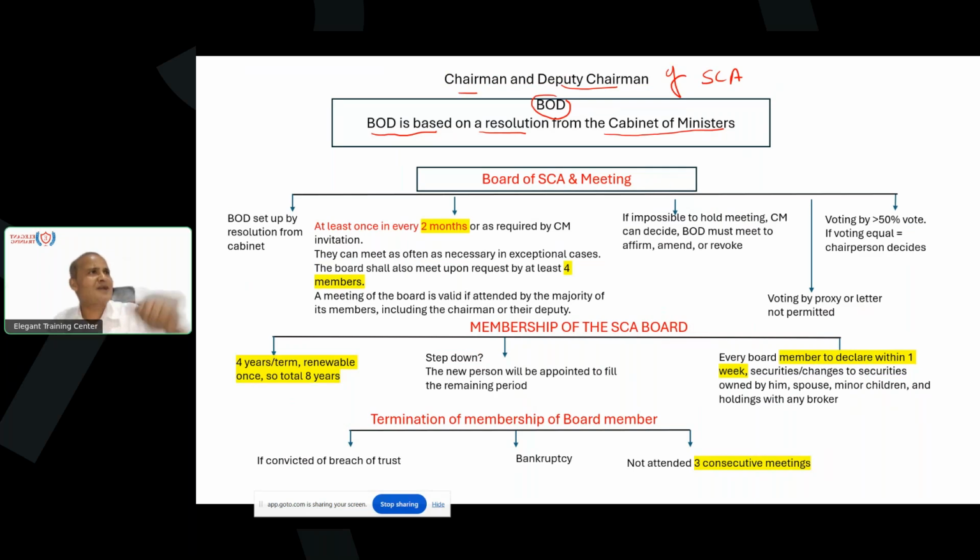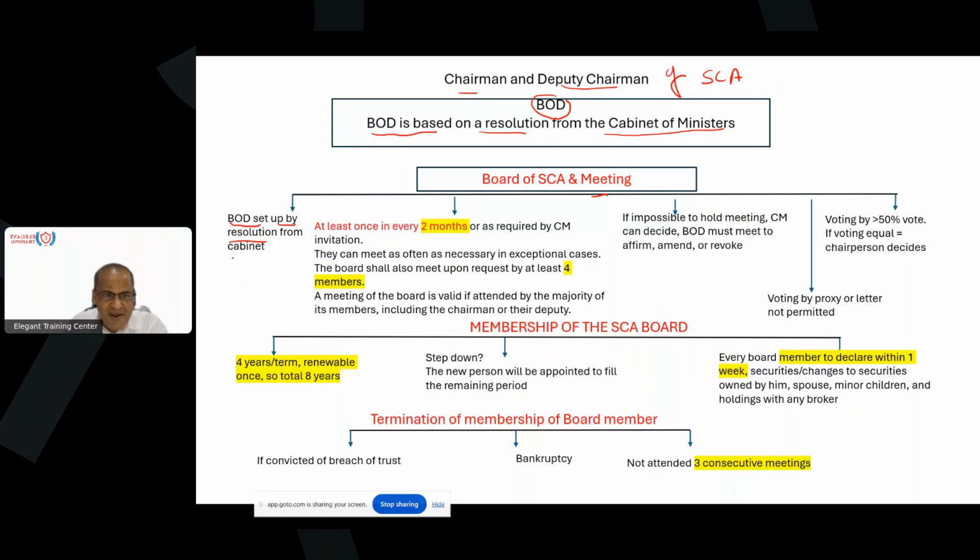But a public company, who is forming the board? Shareholders. But the SCA board of directors is formed by the cabinet. Clear? Board of SCA and meeting. Board of directors set up by resolution from the cabinet.